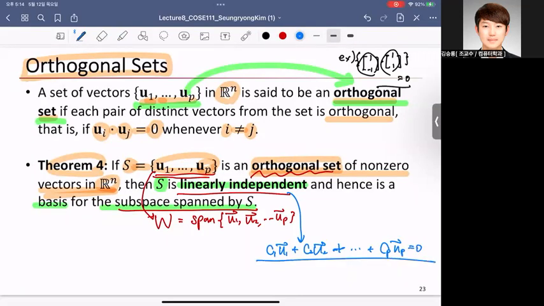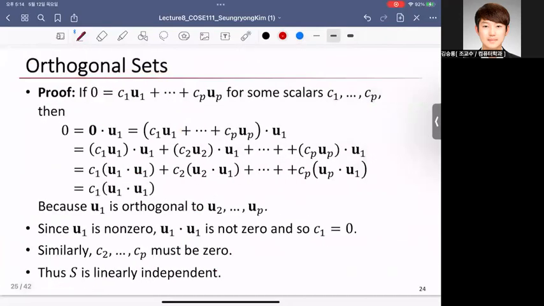Given this equation, only in the case where c1, c2, cp are all equal to 0 can we say that the vectors u1, u2, and up are linearly independent. Let's prove this one. Okay. So here, 0 is equal to c1 u1 plus cp up for some scalars c1, c2, cp.